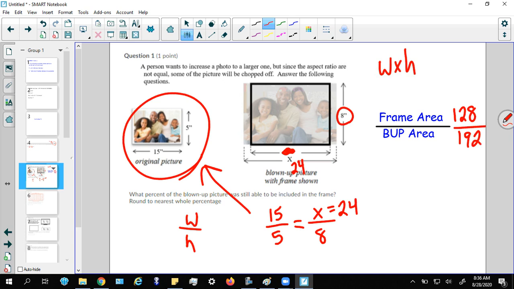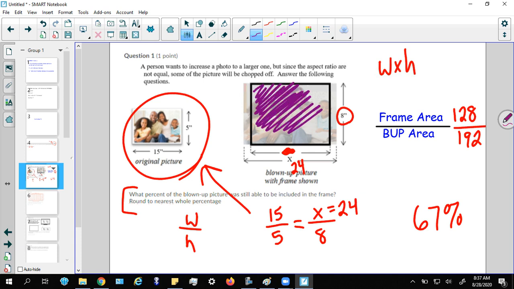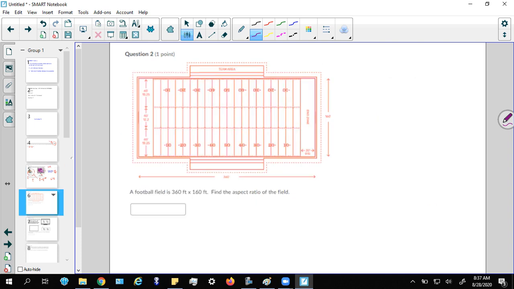So 128 divided by 192 gives me what percentage, to answer the question, what percent of the blown up picture is still able to fit, would be 67%. So 67% of that picture was able to fit inside the rectangular frame, and everything else was chopped off. All right, next question.